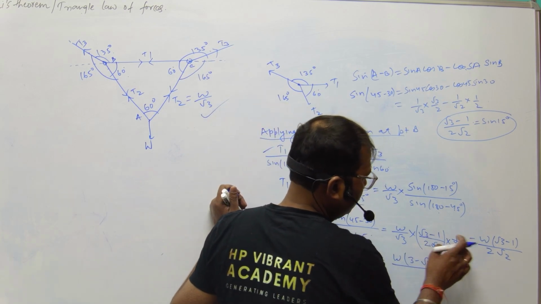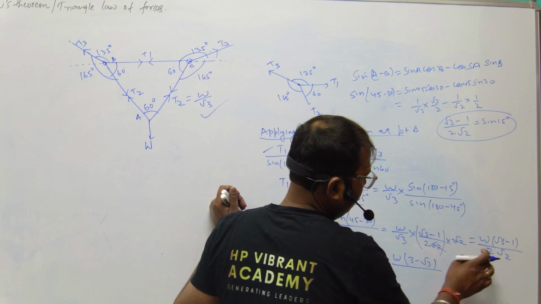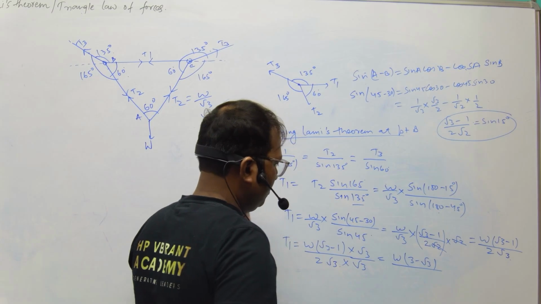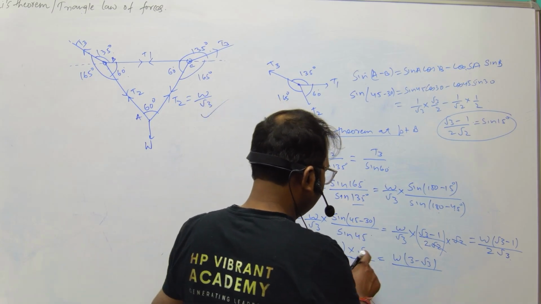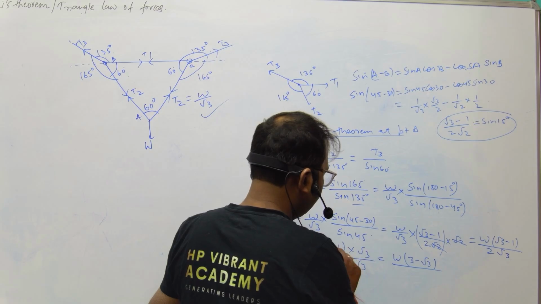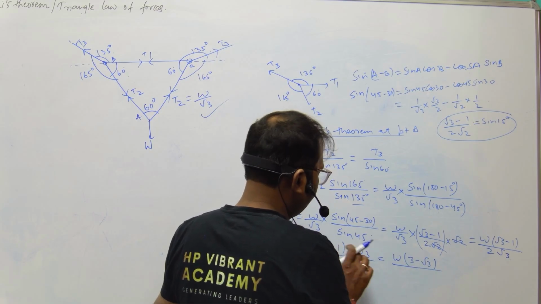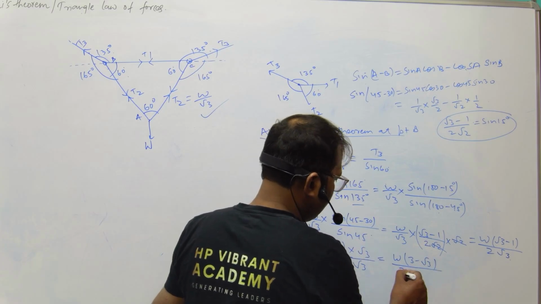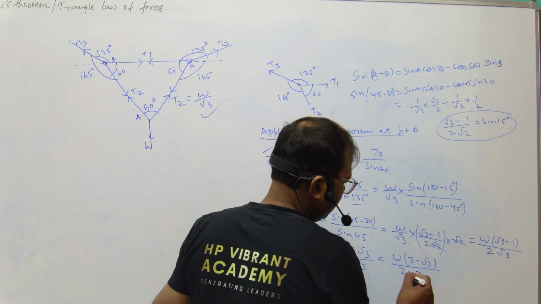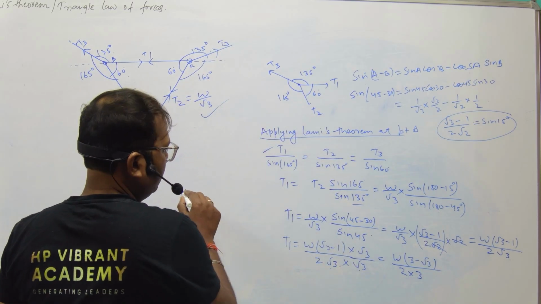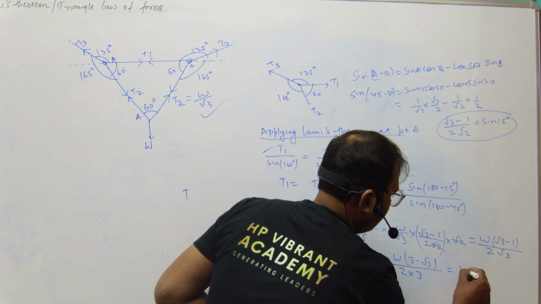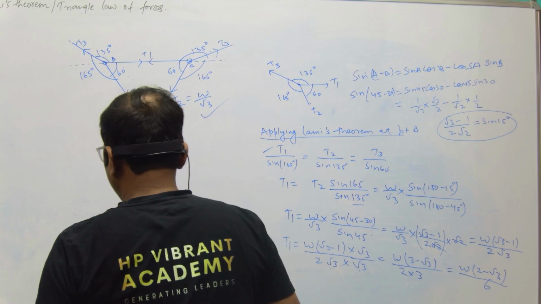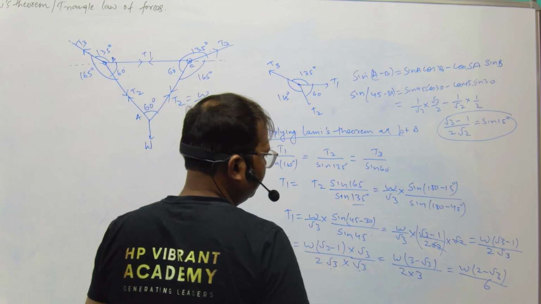Sorry, this is root 3 minus 1 upon 2 times root 3. So this is W times root 3 times root 3, which is 3, and 1 times root 3, so root 3. Now we have 2 times root 3 and root 3, which is 3. So T1 is equal to W times 2 minus root 3 upon 6. Okay, sorry, this is 3.